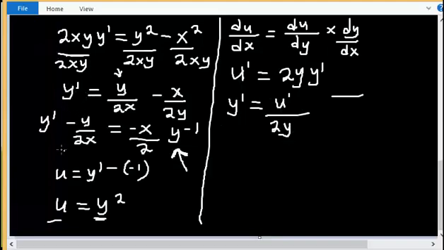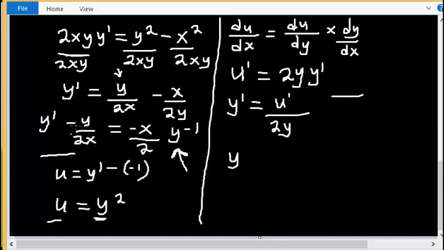Here is my equation. Let's proceed. Don't forget, I still need to substitute for y also.